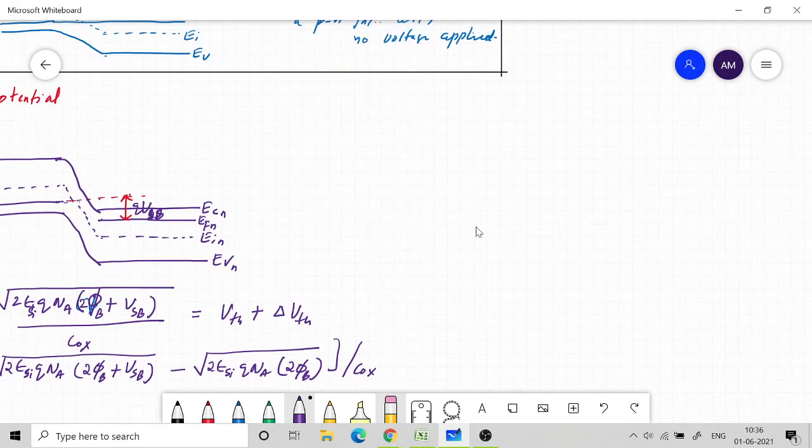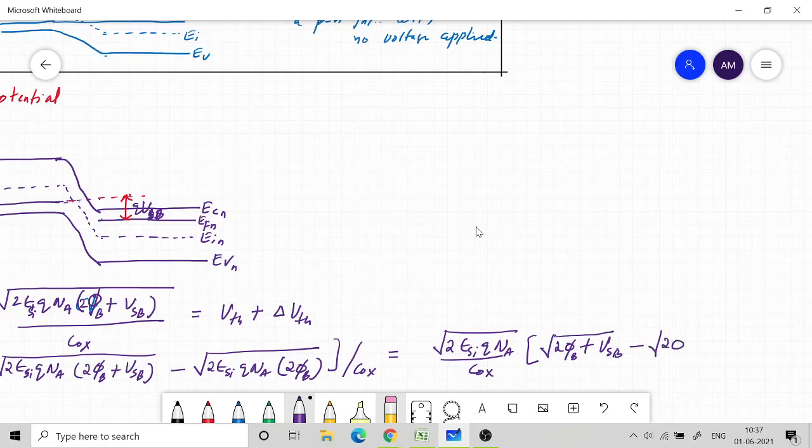So if I take the common elements outside, square root of 2 epsilon silicon q Na divided by Cox, I can take it outside and then write it as the square root of 2.5B plus VSB minus the square root of 2.5B.